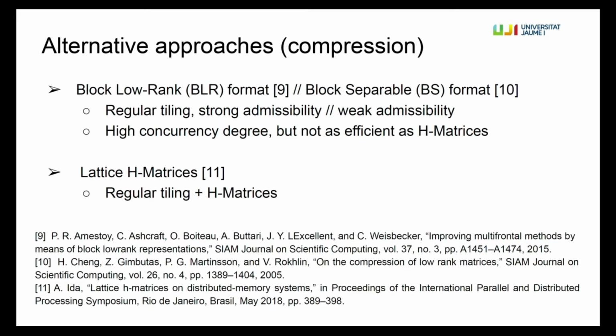This way, the concurrency degree is increased, but it's true that they are not as efficient as H matrices are. There's another recent approach named lattice H matrices, which tries to combine the regular tiling benefits with the hierarchical benefits. Our approach is similar to this one, and I will explain it in the next slides.